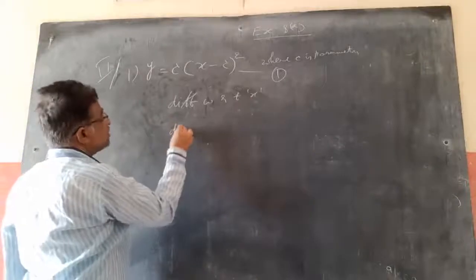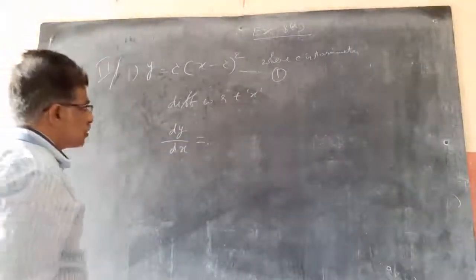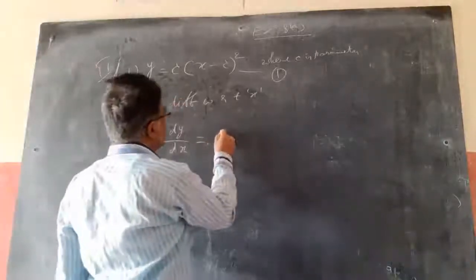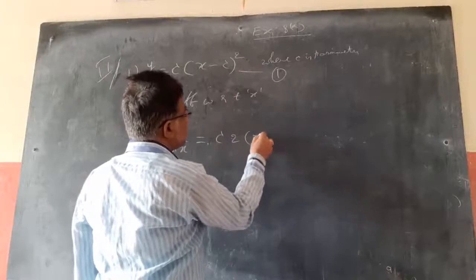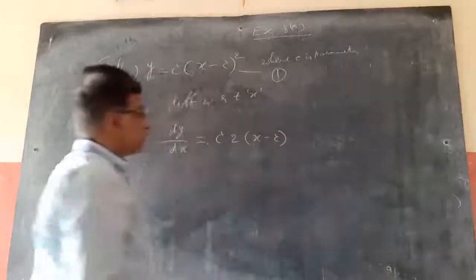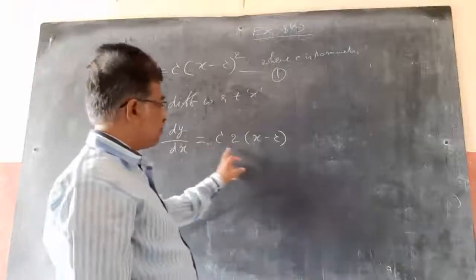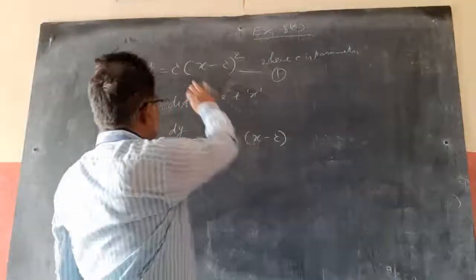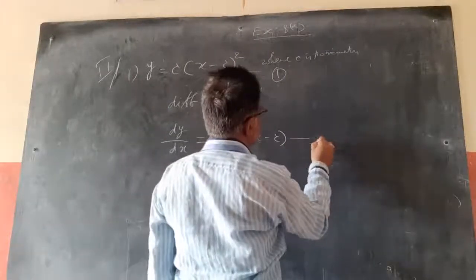This becomes dy by dx equal to c into the derivative of x minus c whole square, so 2 into x minus c. This is equation 2.